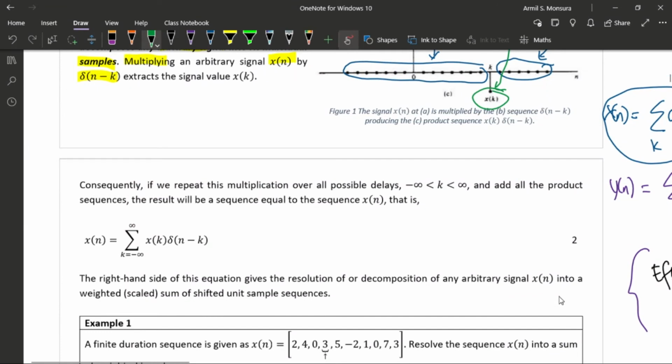So, meaning, kapag kami tayong arbitrary signal, ang kailangan natin gawin is to actually form the product sequences. Is actually, first, to multiply x of n.